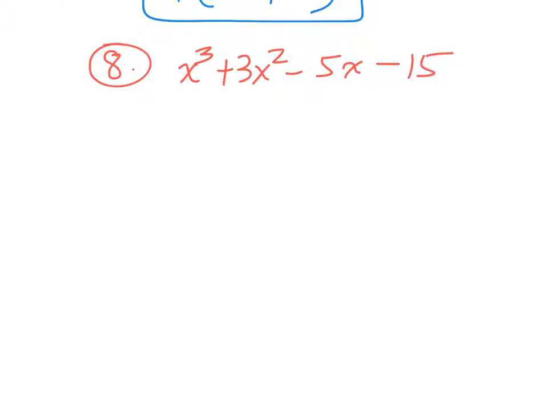Class, what method should we use to factor this problem? Grouping. But first we should check to see if there's a common factor. And on this problem there is not one. So let's do grouping. Group the first two. Don't forget the minus has to go with the 5. So we'll slip a little plus in there to show that they're still being added.